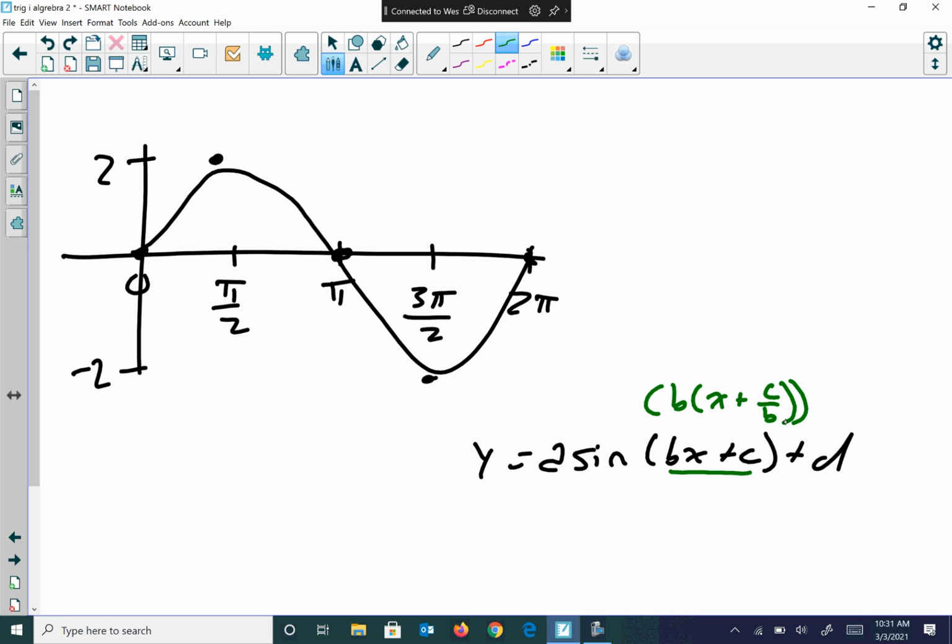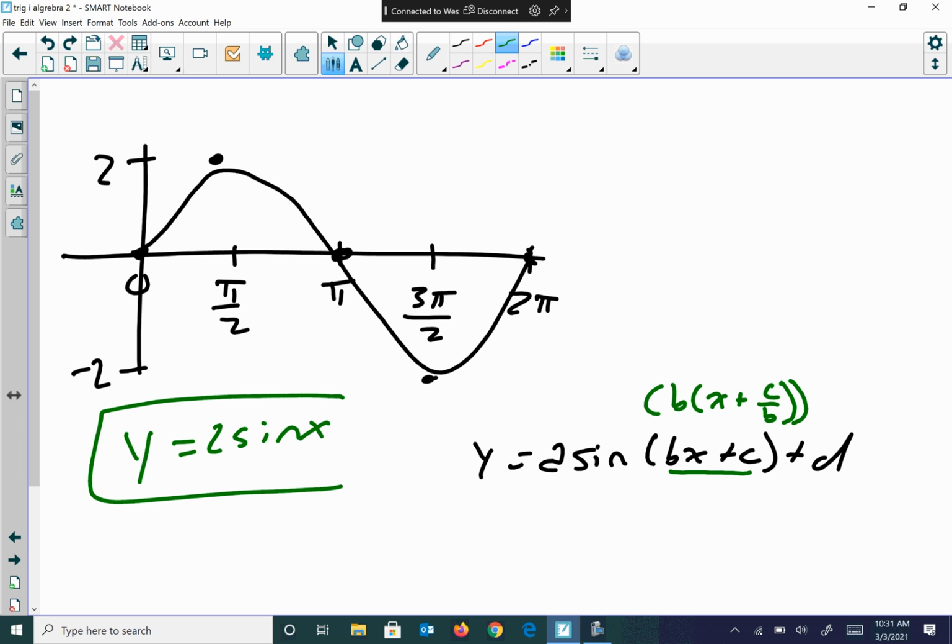This one, fortunately, is just y equals 2 sine of x. It didn't shift up or down at all. It didn't shift right or left, and it didn't happen more times between 0 and 2 pi, because 0 to 2 pi is one time around the unit circle. So the only thing we modify on this one is just the a value.